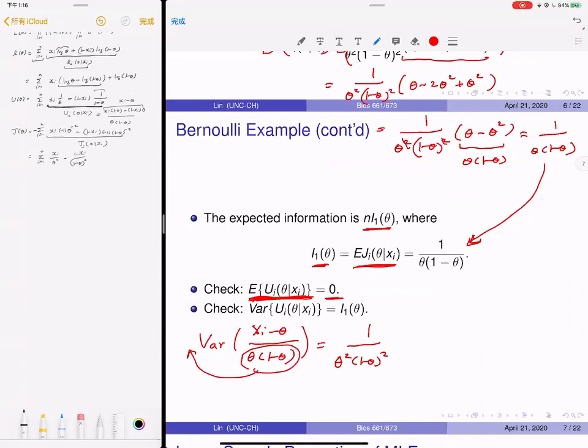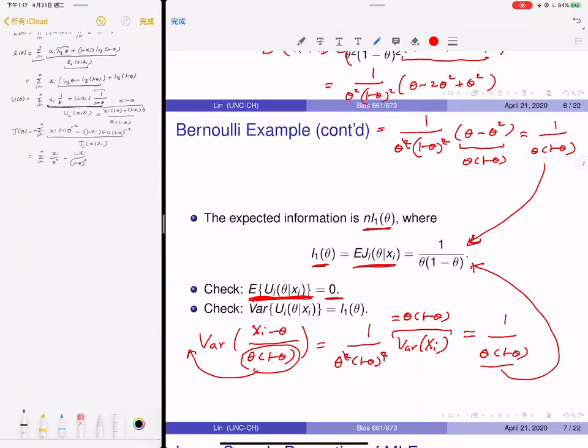The inside guy becomes variance of xi minus theta, which is nothing but variance of xi, because minus a constant doesn't matter. And then remember, what is the variance of xi for a Bernoulli? It equals theta times 1 minus theta. That's what the variance of a Bernoulli distribution is. So what does that mean? I can cancel out and eventually say 1 over theta times 1 minus theta. This guy exactly equals I1 theta.